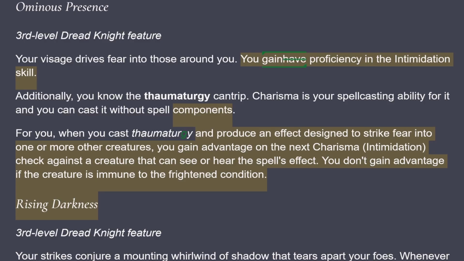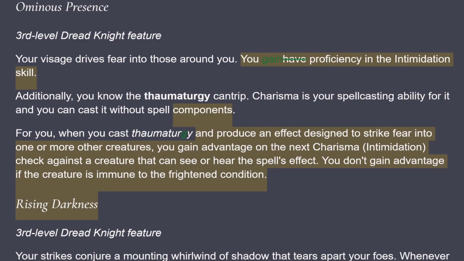Because additionally, you get Thaumaturgy and Charisma is your spellcasting ability for it, and you can cast without spell components. So the only component in Thaumaturgy, when I looked it up, is a verbal component. So you can do it subtly, maybe that matters. It feels good because then it's just aura, dude.